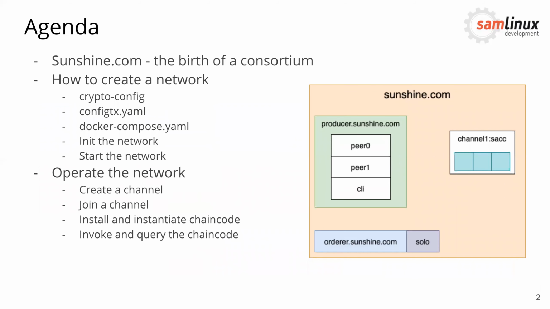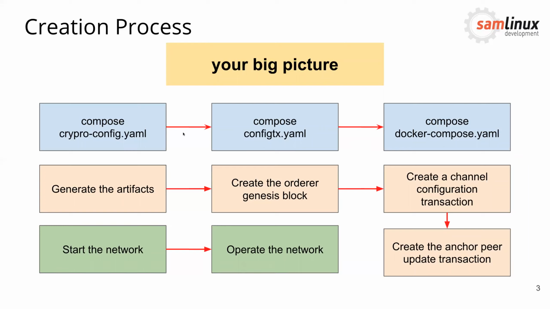From this, we have three parts that we have to do in these blue boxes. We have to configure the crypto config file. This is a file we have to look into. Then we have to configure the Configtx YAML file, and then we have to configure the Docker Compose YAML file.